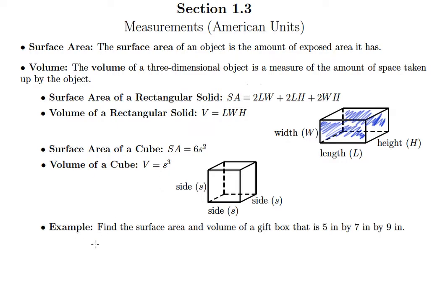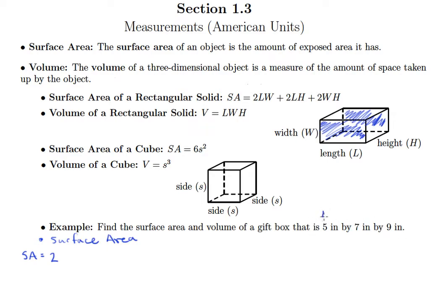All right, so for our example, we're going to find the surface area and volume of a gift box that is 5 inches by 7 inches by 9 inches. Okay, so first of all, let's look at surface area. So for surface area, we're going to use that formula of 2 times length times width. And it really doesn't matter what is length, what's width, what's height.